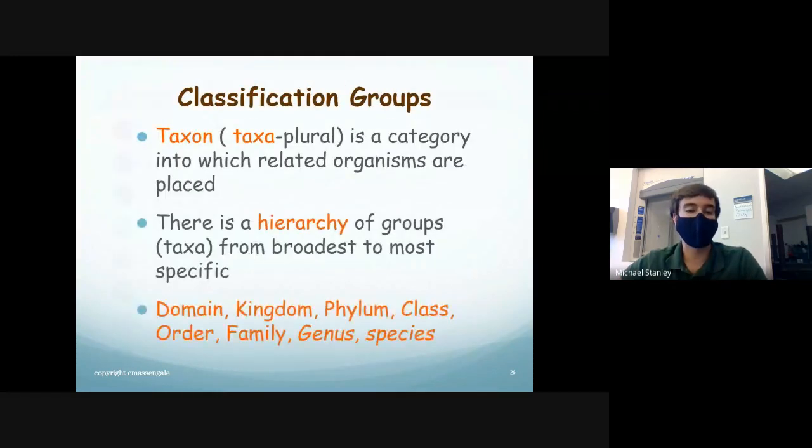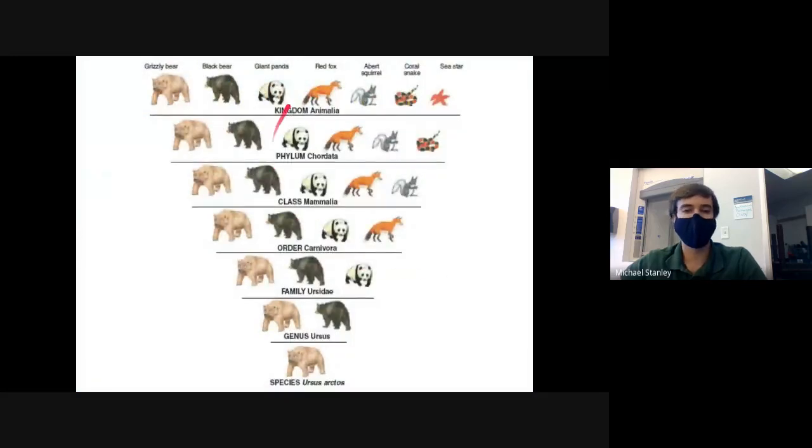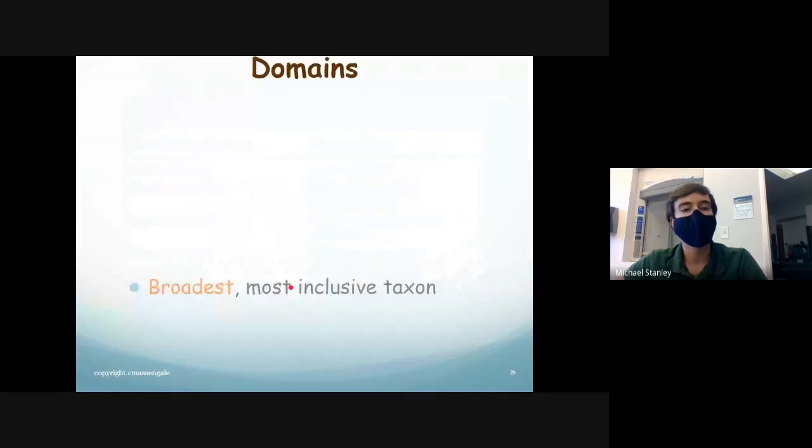And then we also talked about the different classifications from super, super broad, like kingdom and phylum, all the way down to very specific, like family and genus.